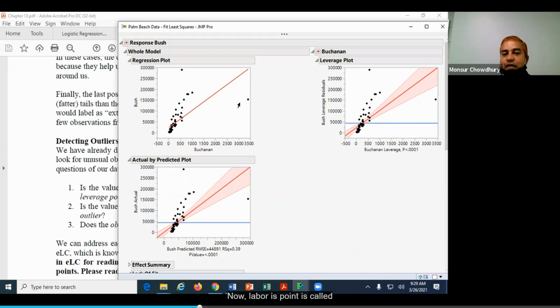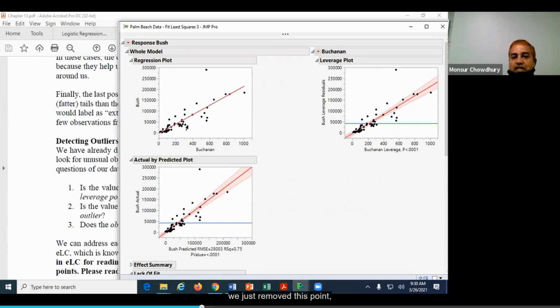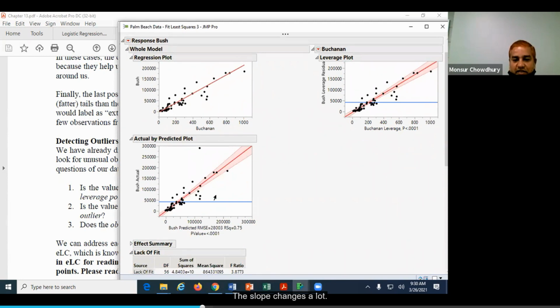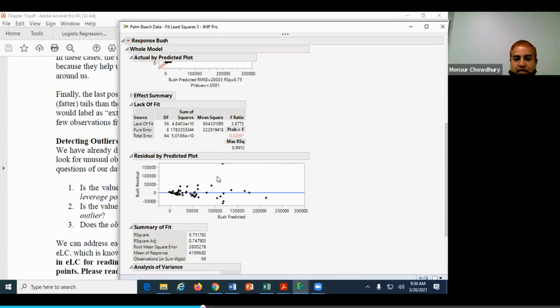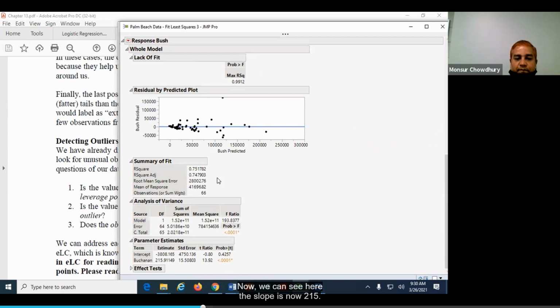Now a leverage point is called an influential observation if it changes the slope a lot. After removing this point, you can see a dramatic change in the slope. The slope changes a lot. We can see here the slope is now 215, the error is this one, our F is this one.